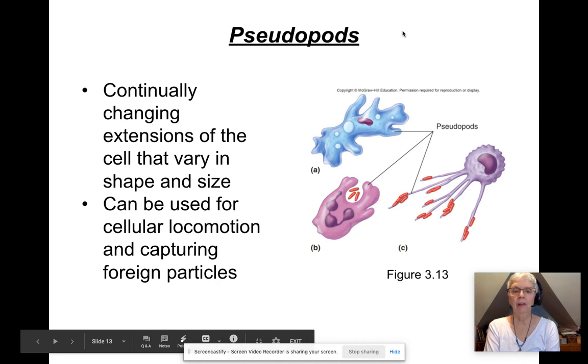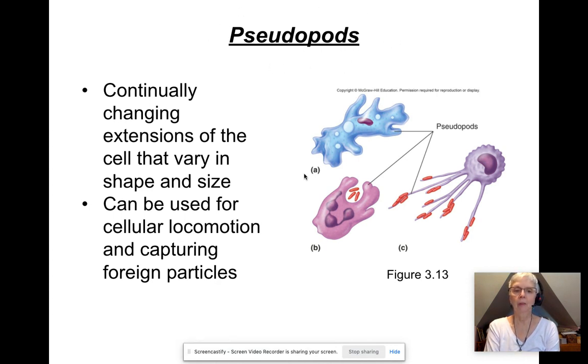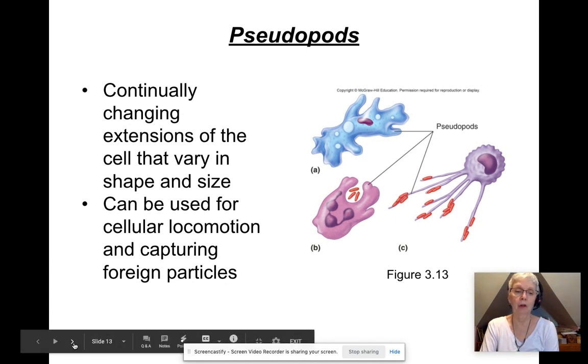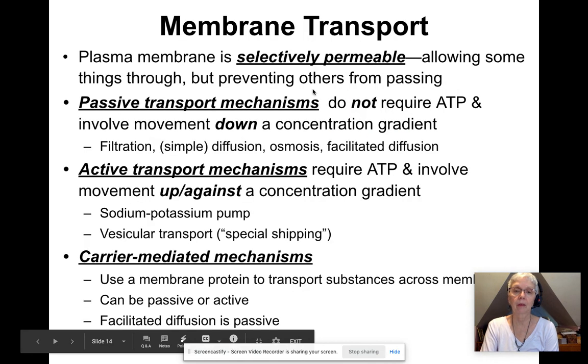Now, some cells have pseudopods on them, and that just means that their cytoplasm changes shapes and sizes to move the cells around. And these pseudopods can also capture foreign particles, bring them in to destroy them with another organelle that we'll talk about in a few minutes.